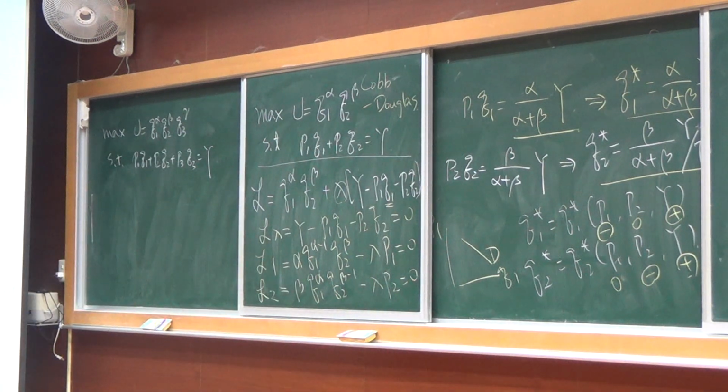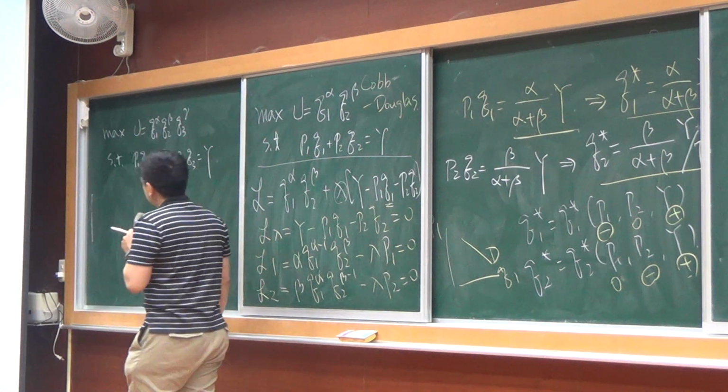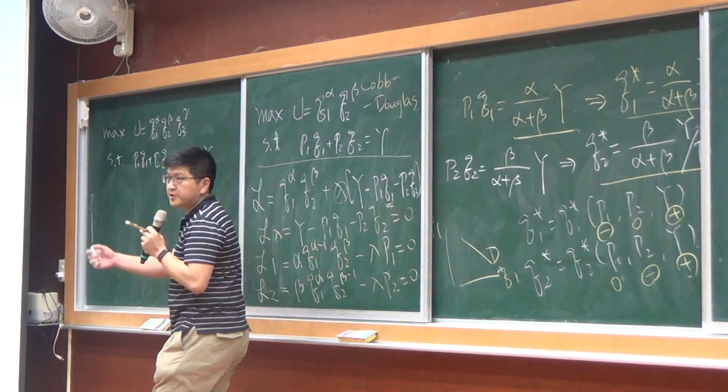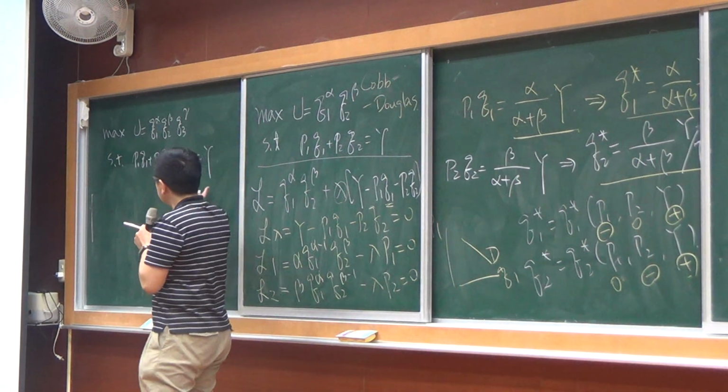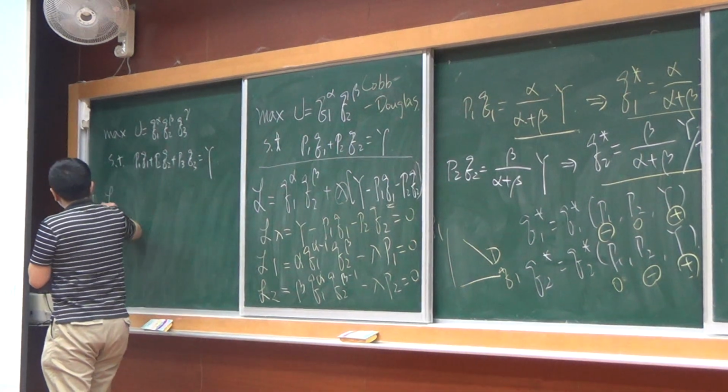What about this? If we have 3 types of goods, 1, 2, and 3. Can we just apply the same procedure, the same logic to this problem? Let's see.